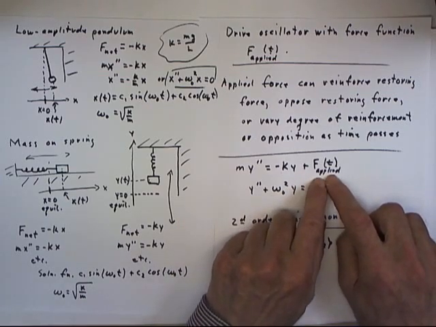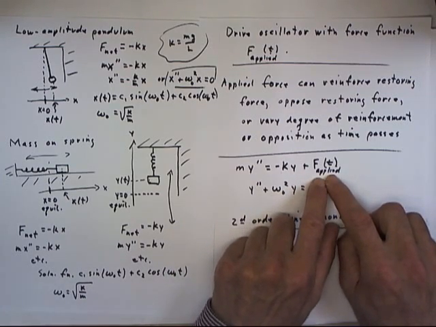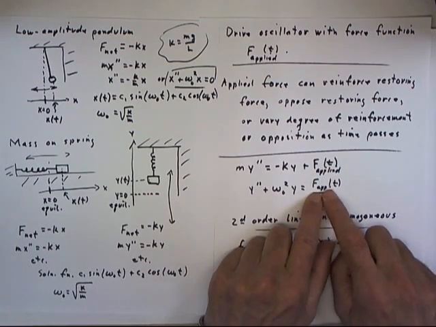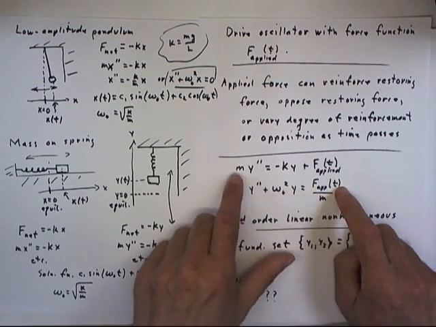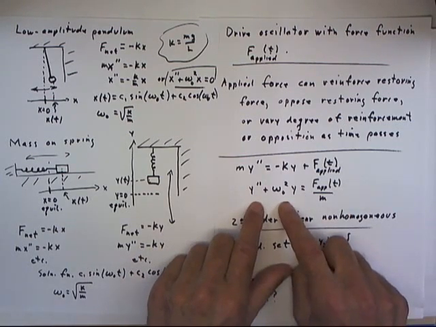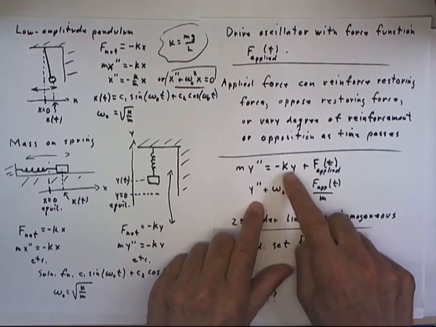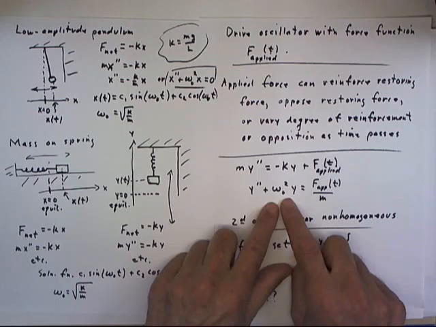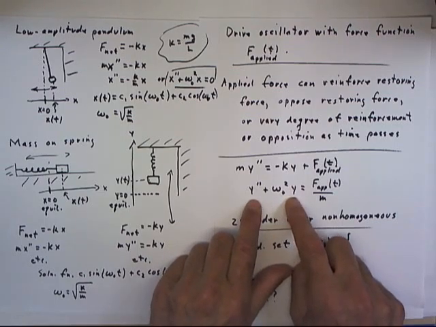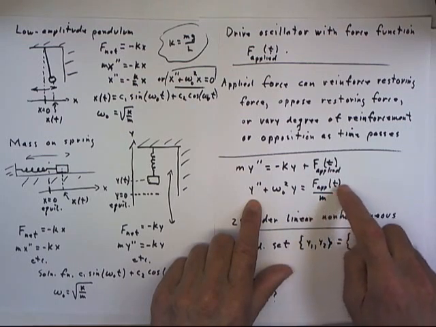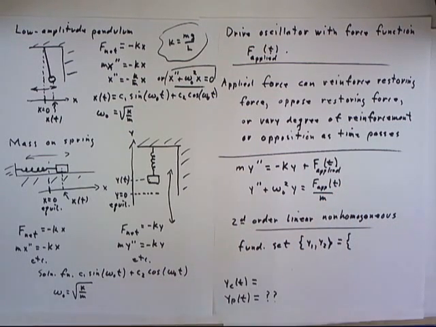But now we're introducing an applied force, F applied of t, which I abbreviate down here by F app of t, so that our equation can be rewritten, again, if omega naught equals the square root of k divided by m, we move this term over here, it becomes positive, and we get this equation, y double prime plus omega naught squared y equals F applied of t divided by the mass.